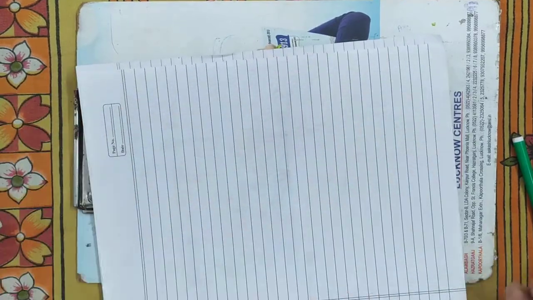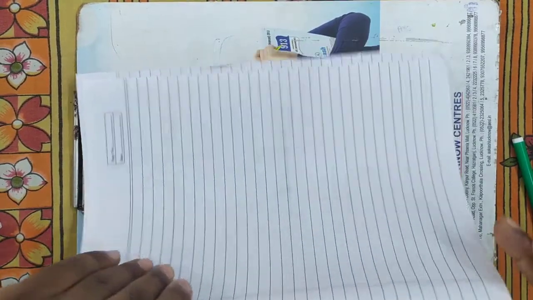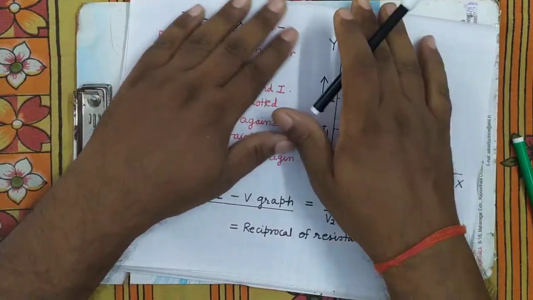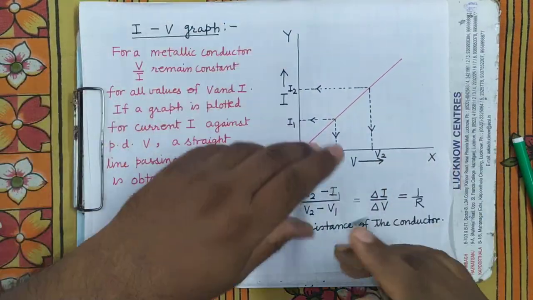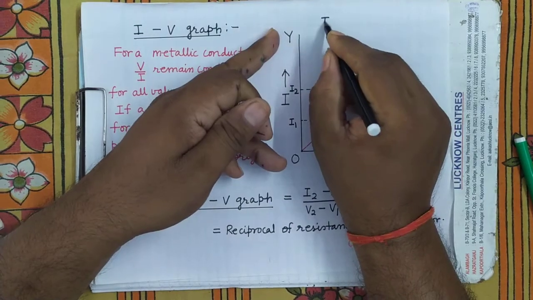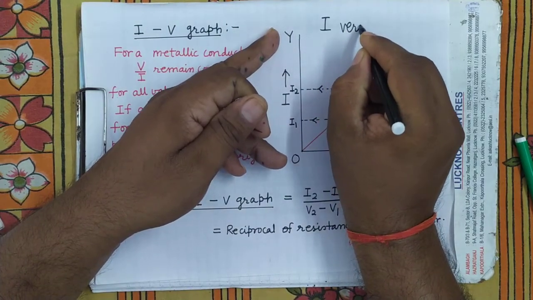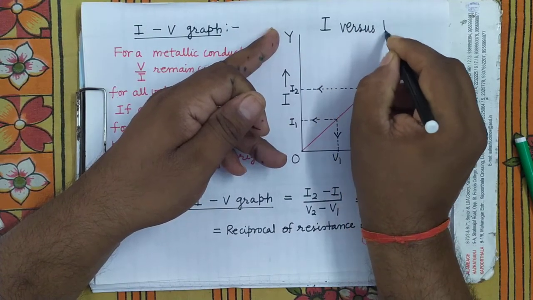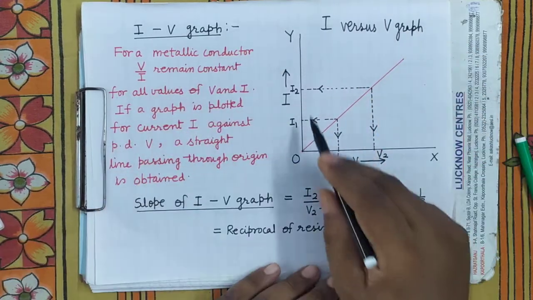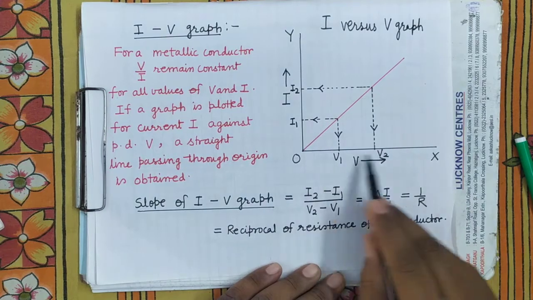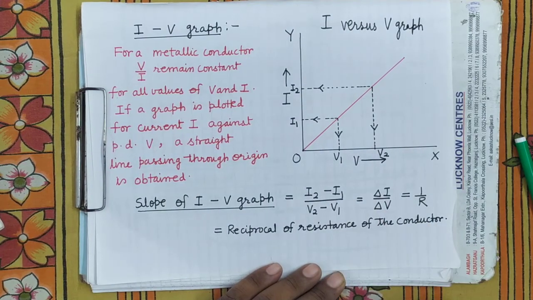Now if you plot an I versus V graph, I versus V graph means I will be plotted on the Y axis and V will be plotted on the X axis.